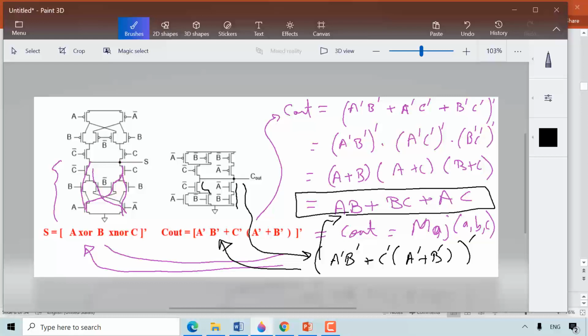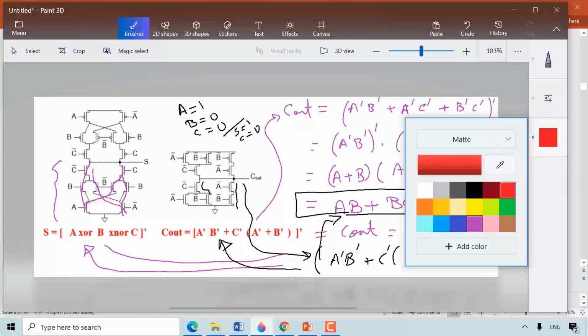Now let's try a few values here. Assume A equals 1, B equals 0, and C equals 0. Let's see what's the output. I know that the sum should be 1 and the carry should be 0. Let's try that. If I have this input pattern, let's get the red color here.